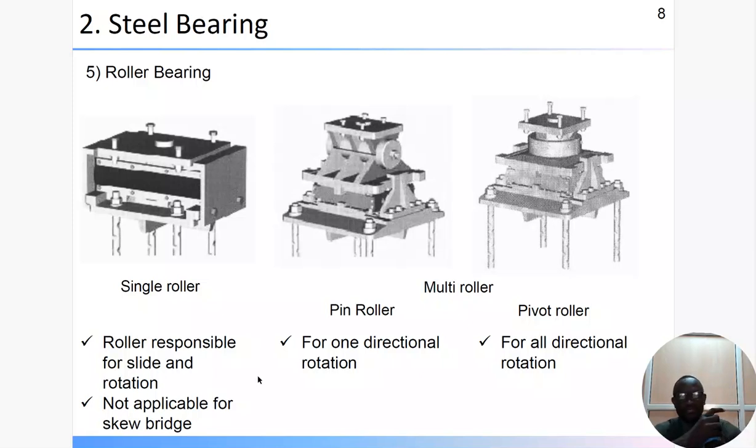It's very important with all this. You see they're saying this is not applicable, this is not applicable. So you need to take note of that. Now then pin roller also is on a one directional rotation. For all directional rotation, that's the pivot type.